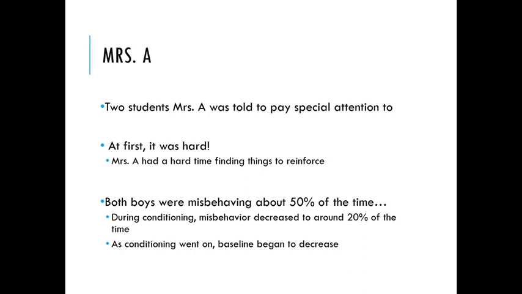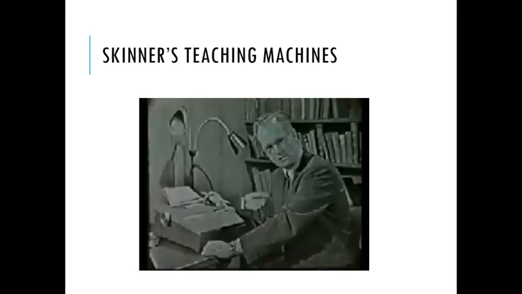You can think about ways you can use the same approach in other environments, even at work. If you have coworkers who are causing problems, you can think about how you might use this in your own home with behavioral problems with children, and even in friendships. If you have a friend who's engaging in some behaviors you wish they wouldn't, that same approach can help us in a lot of different contexts.